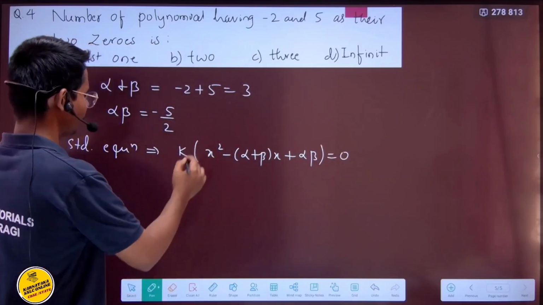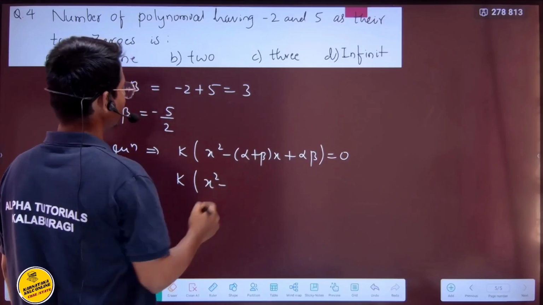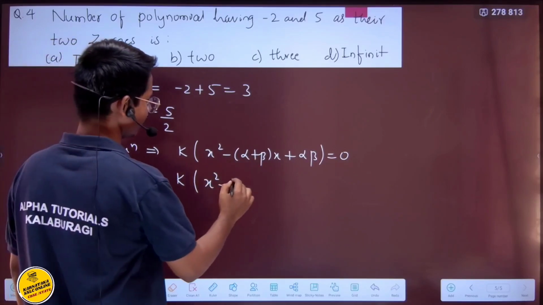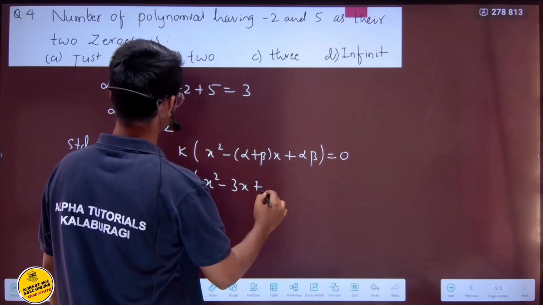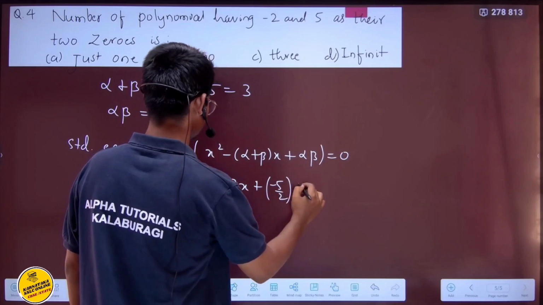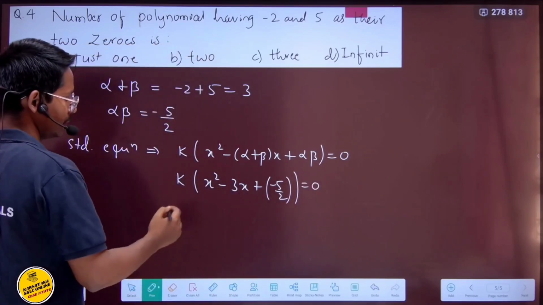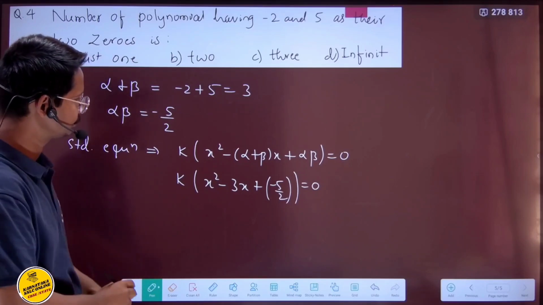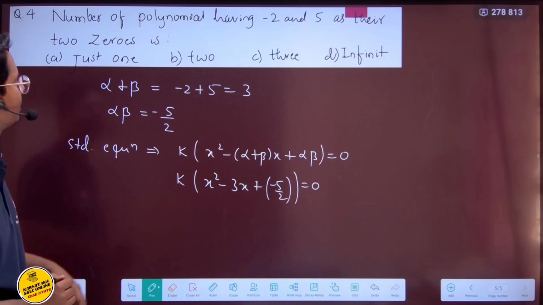So if I put the values, k some constant as it is, x square minus 3x plus alpha into beta, minus 5 by 2, equal to 0.